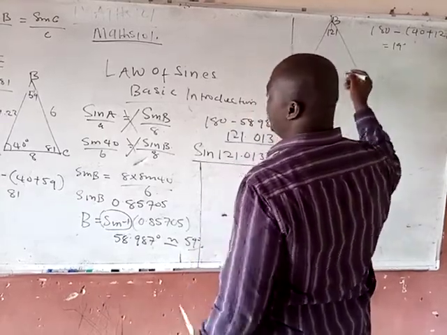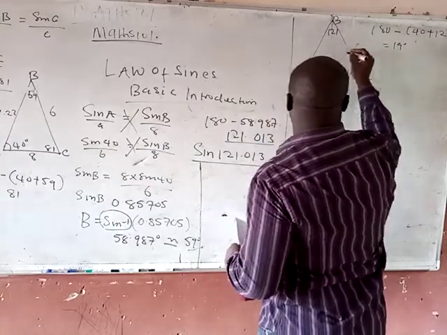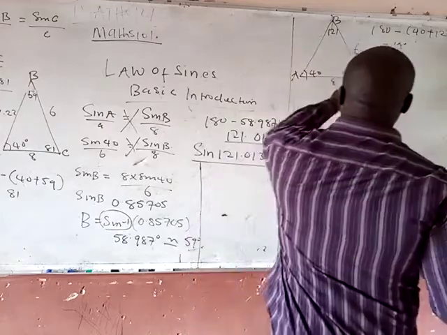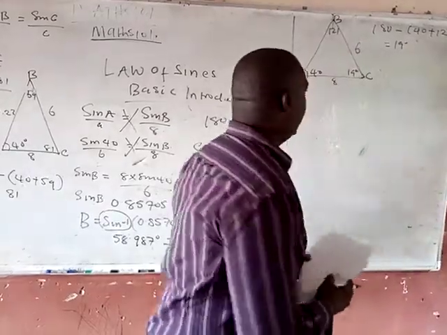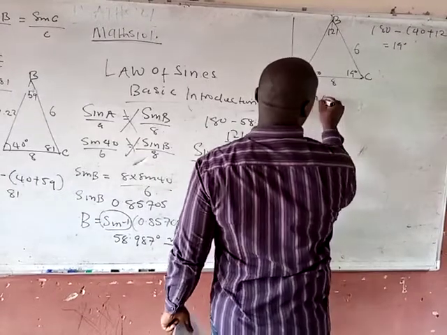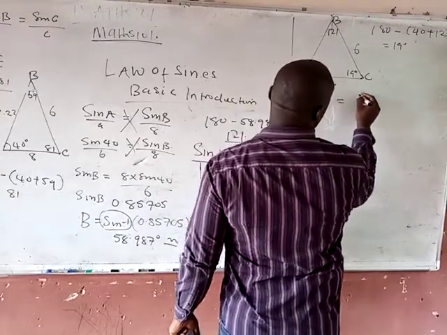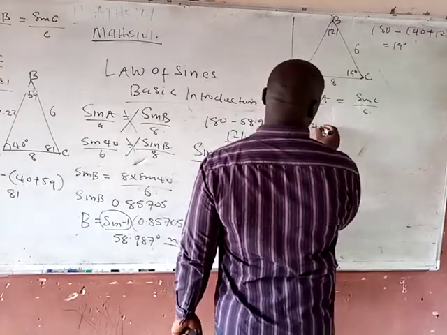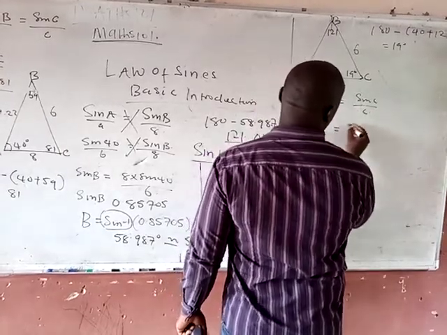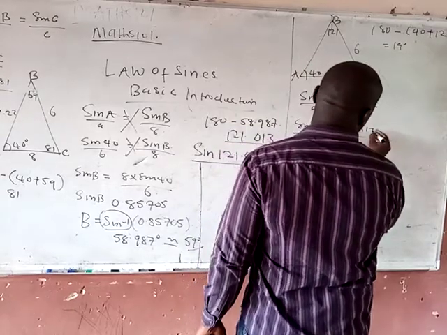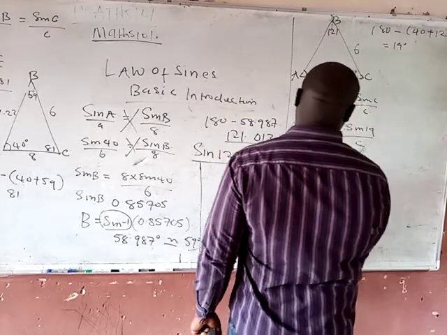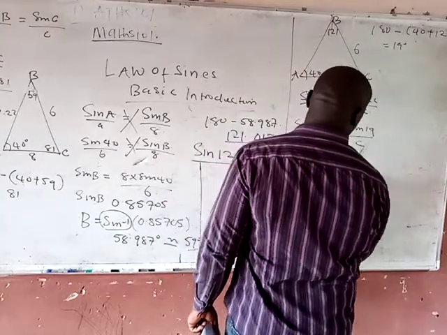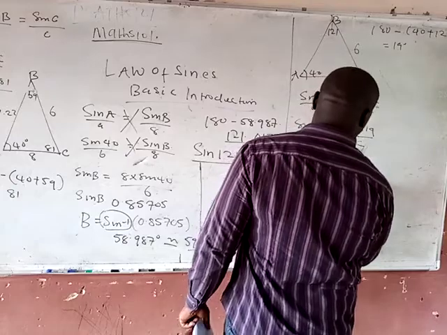Remember, A has a side already from the equation, 6. And from your question, they gave you side B to be 8. So I want to calculate side C. It's still going to be sine A over A is equal to sine C over C. So sine 40 divided by 6 is equal to sine 19 over C. So C is equal to 6 times sine 19 all over sine 40.